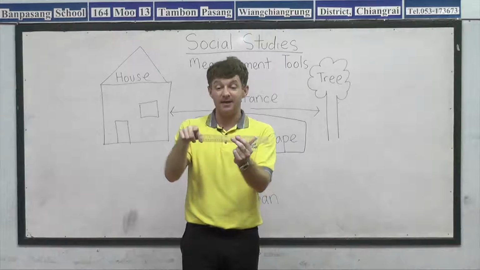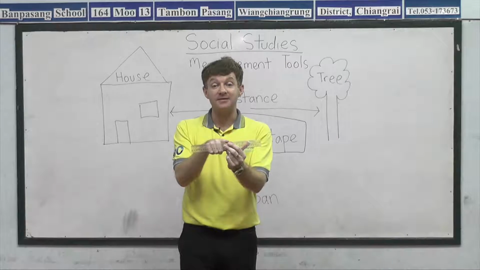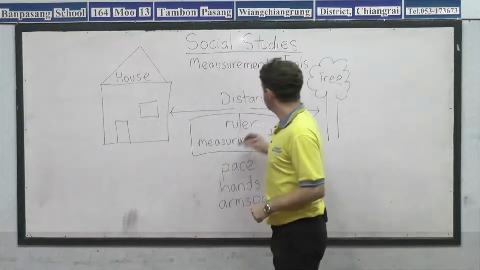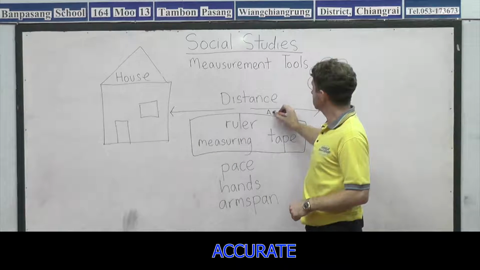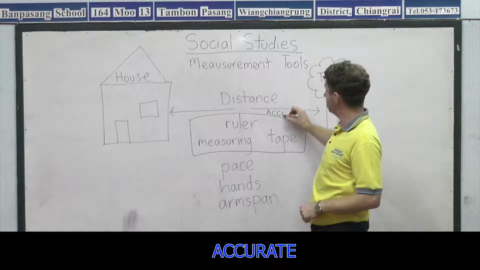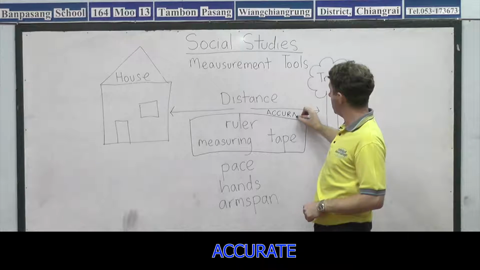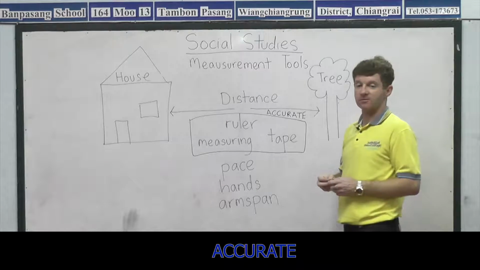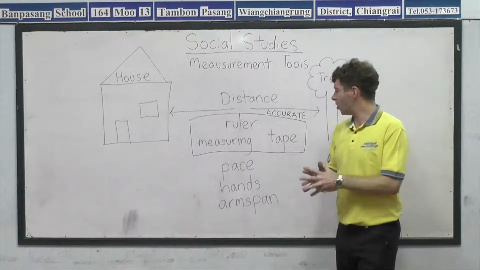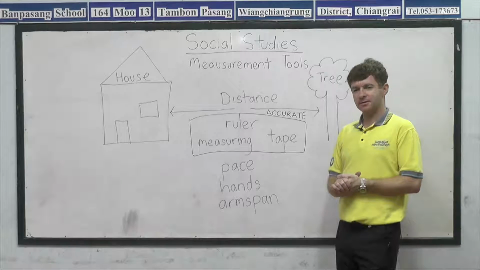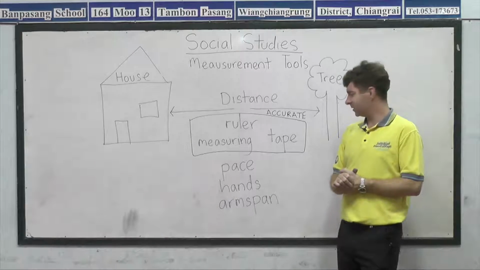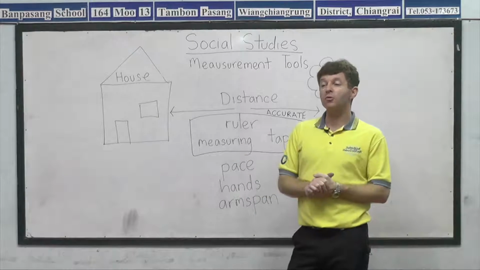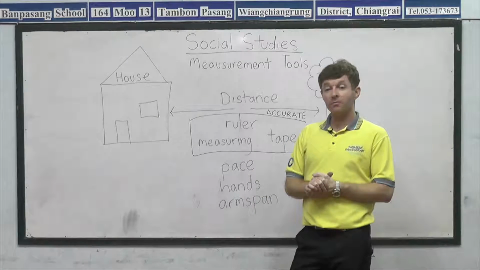So we can say that this measurement tool is accurate. And we spell that word A-C-C-U-R-A-T-E. Accurate. But when we talk about pace, hands, arm span, do we think that these measurement tools are accurate? No. Why?